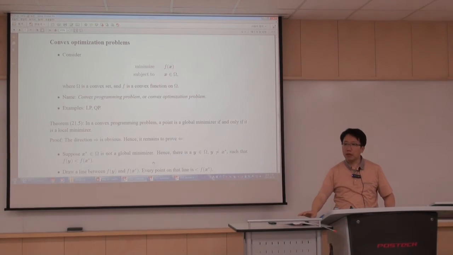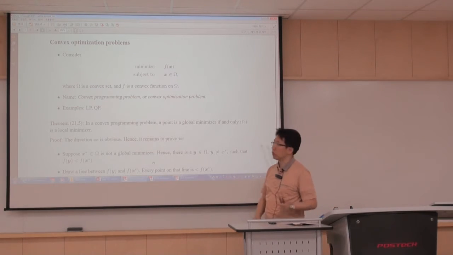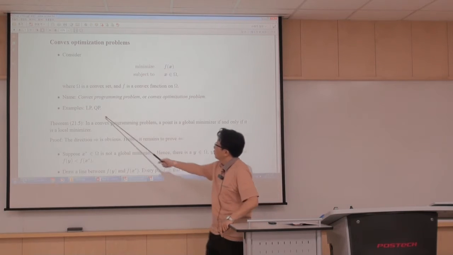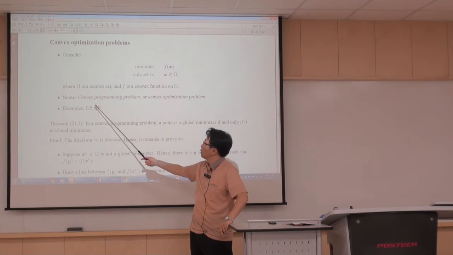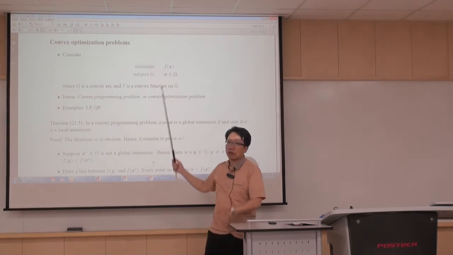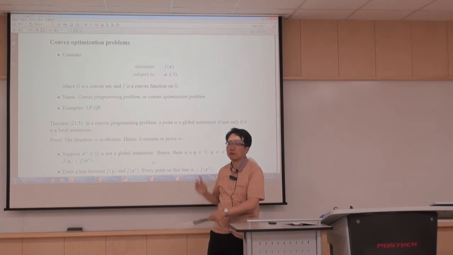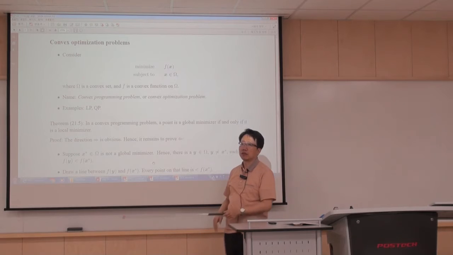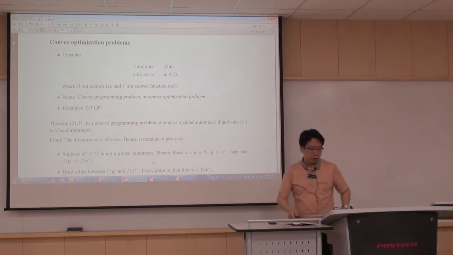And linear programming, as I told you already, is a special convex optimization problem. By the way, here, what is this QP? Quadratic programming. But here, the quadratic function used as the objective function must have non-negative eigenvalues. Otherwise, the function is not a convex function. And then your set must be a convex set.